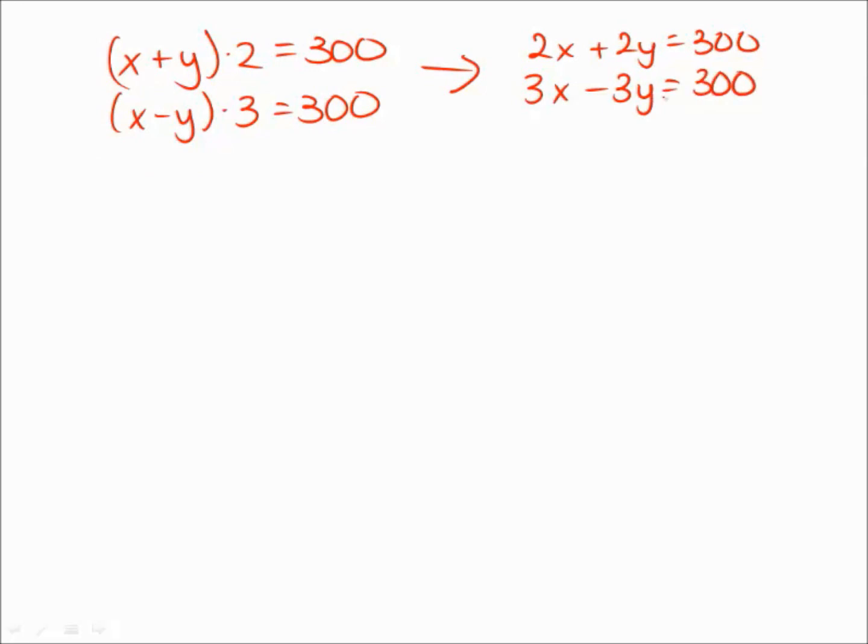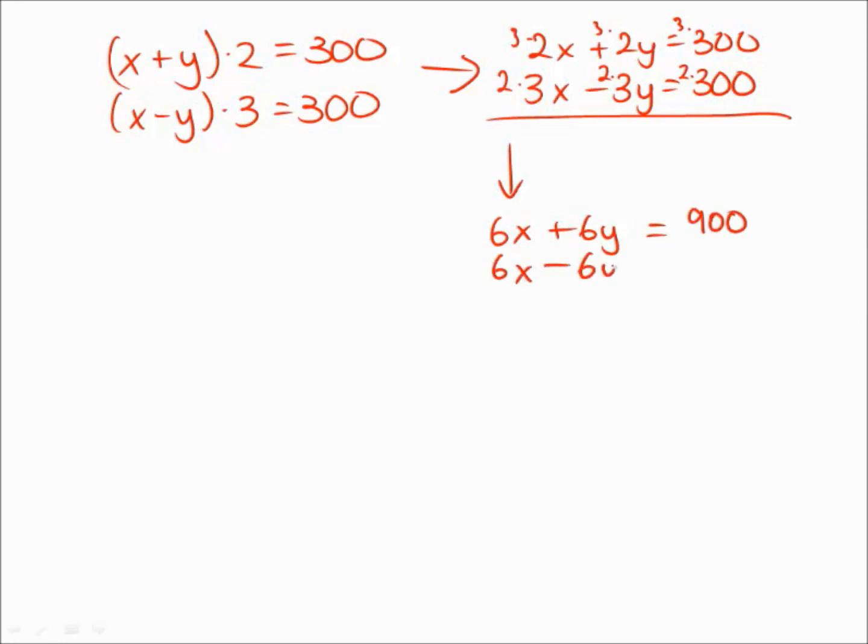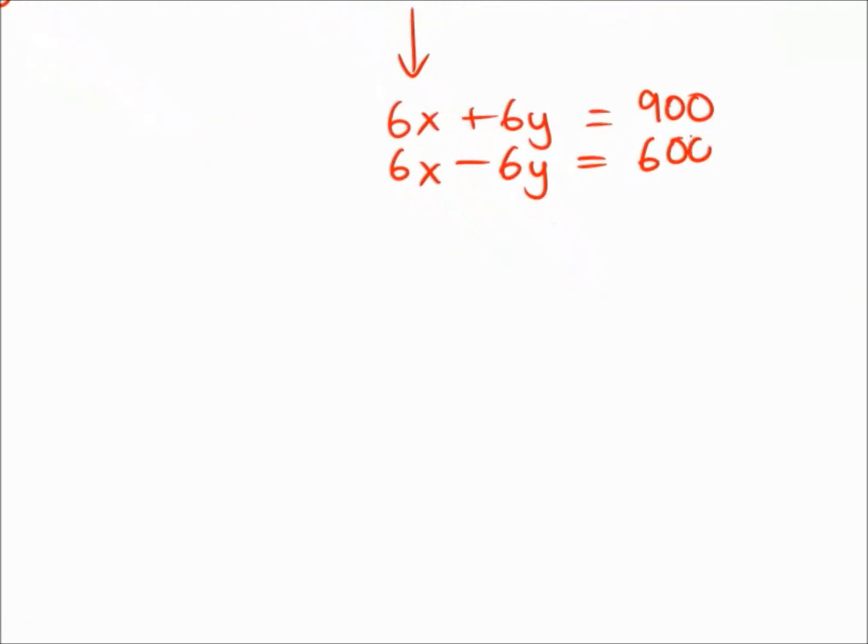So let's use the addition method. We could multiply the whole top equation by 3 and the whole bottom equation by 2, therefore giving us 6x plus 6y is equal to 900, and 6x minus 6y equals 600.